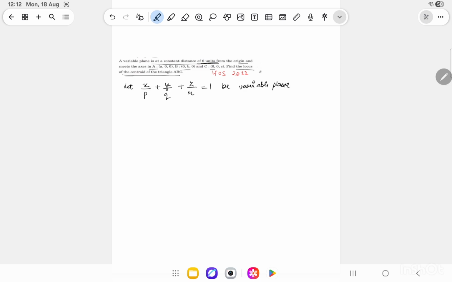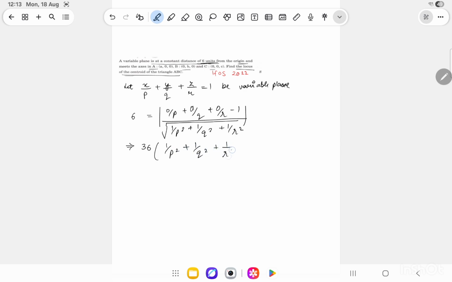Then using the distance formula, we can say that 6 is equal to 0 by P plus 0 by Q plus 0 by R minus 1 upon the square root of 1 by P square plus 1 by Q square plus 1 by R square. If I simplify it, I'll get 36 into 1 by P square plus 1 by Q square plus 1 by R square equals 1.